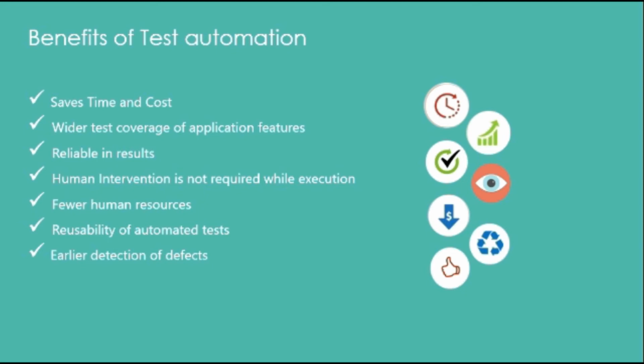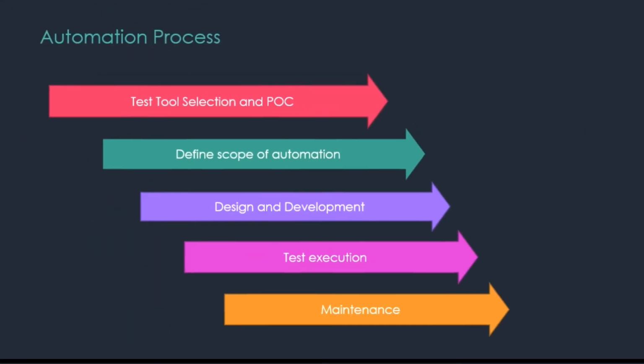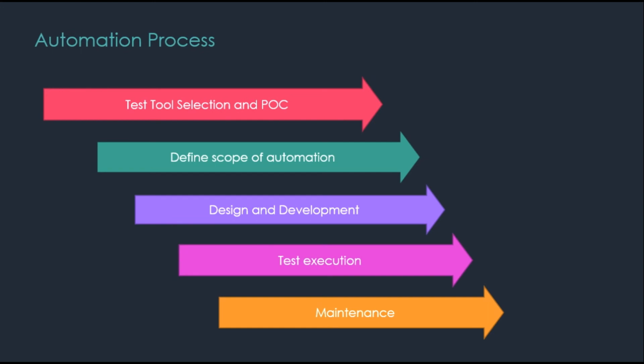That kind of test case we call reusable components. And the next one is early detection of defects. Automation is faster than manual testing, so we can detect defects earlier, and automation helps to find more bugs compared to human testing.